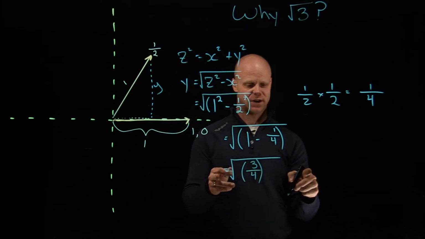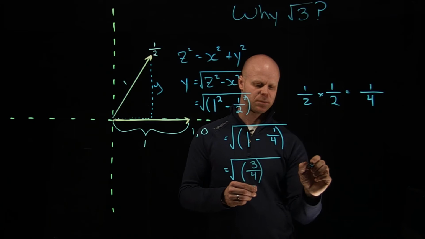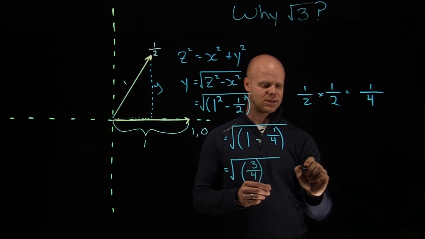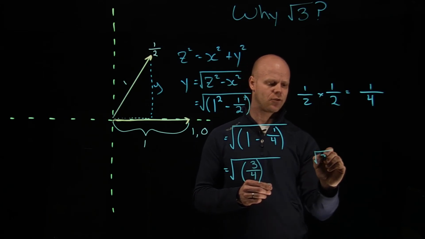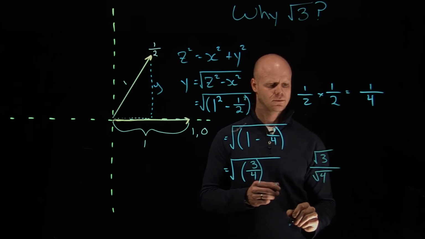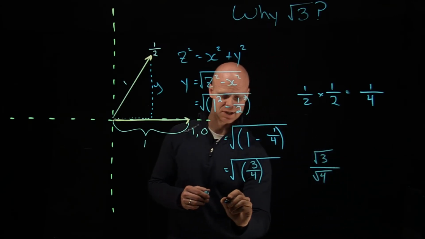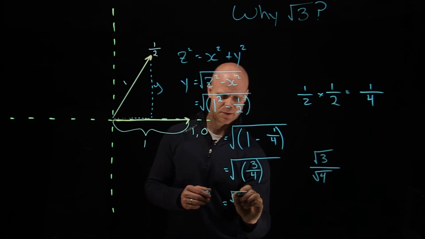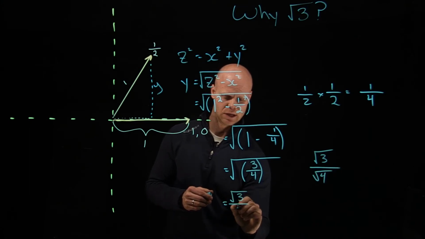Now to simplify, that's the same as the square root of 3 over the square root of 4. Simplifying one further step, we get root 3 over 2.